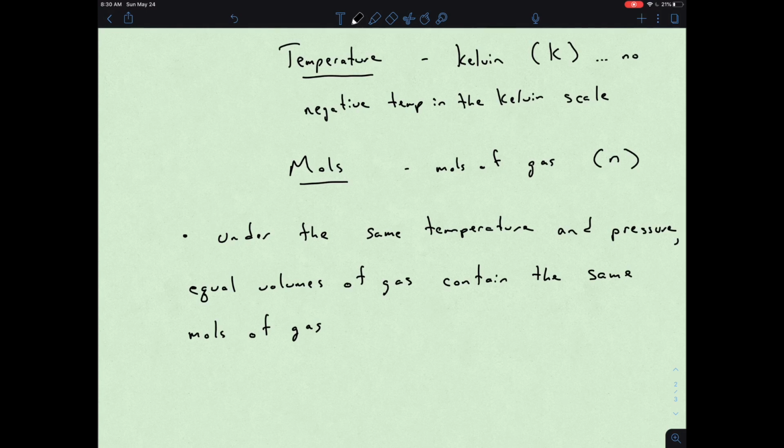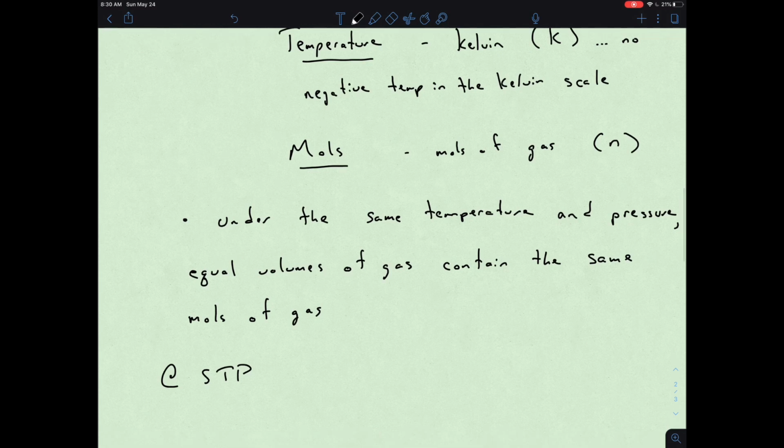And so, for instance, at STP, no, that's not Stone Temple Pilots, that's standard temperature and pressure.